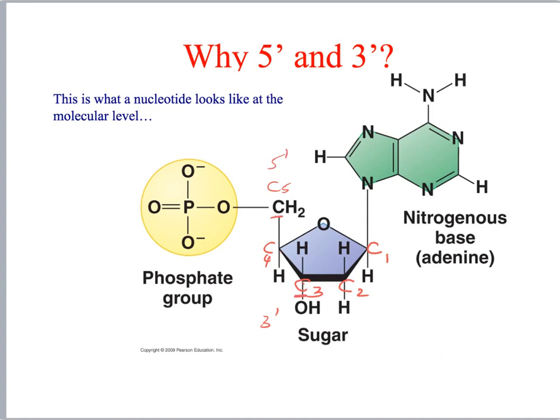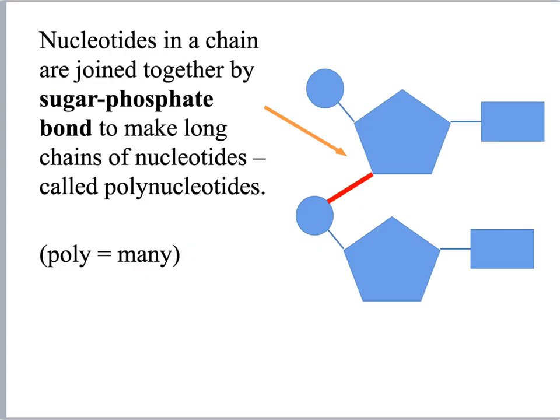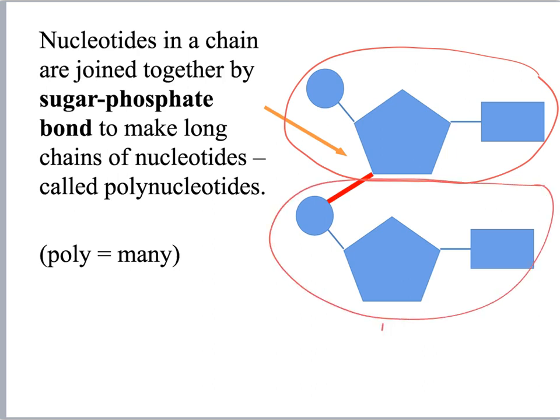When we take one of these nucleotides and join them together to a row of other nucleotides, then what happens is we form a strand of DNA. So here you've got one nucleotide, and then you've got another one joined to it here, and this will carry on so forth to make a long chain of nucleotides called a polynucleotide.